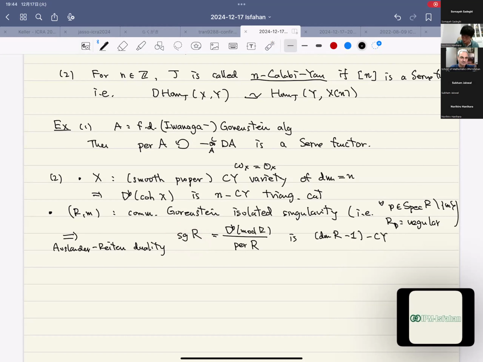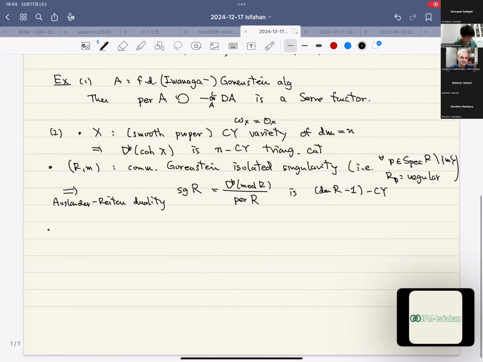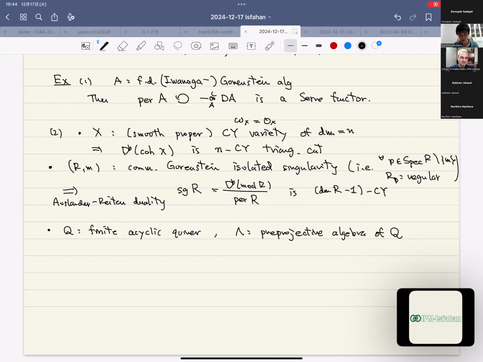And a more recent example comes from preprojective algebras. Let Q be a finite acyclic quiver and let lambda be the preprojective algebra of Q. So what are they?